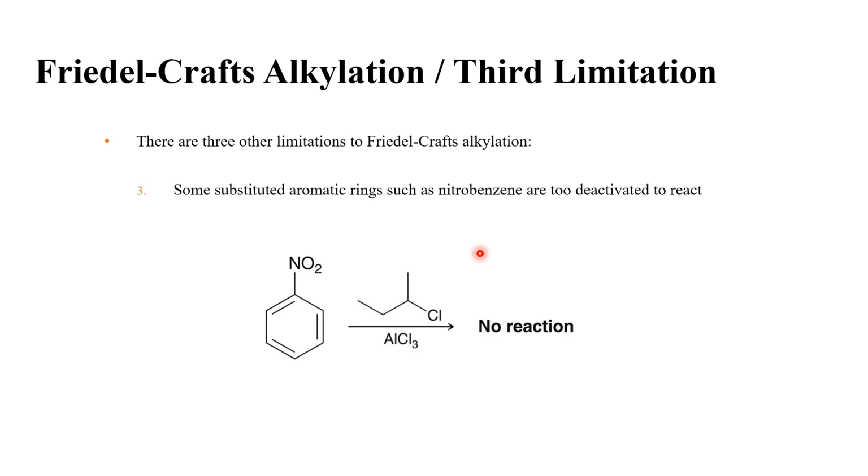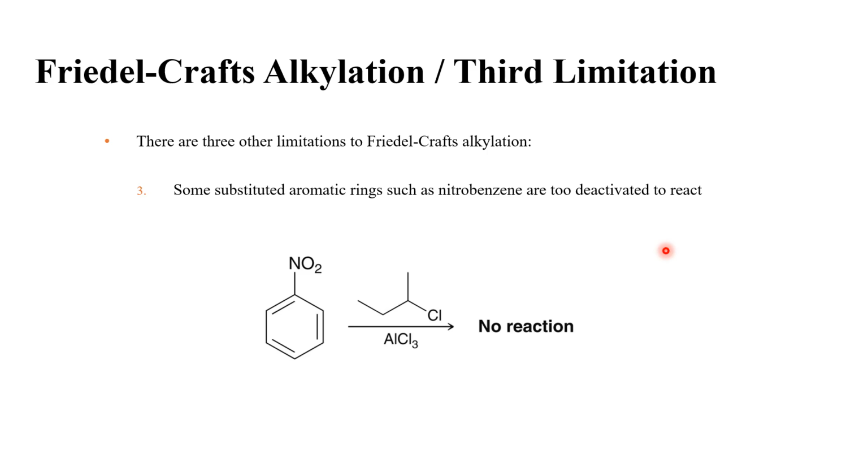The last limitation with Friedel-Crafts alkylations is when you have something like nitrobenzene and you're trying to do an alkylation, it's just not going to work. And the reason why is because nitrobenzene is just too deactivated to react. And you're probably wondering, what does that even mean? What does it mean for something to be deactivated?